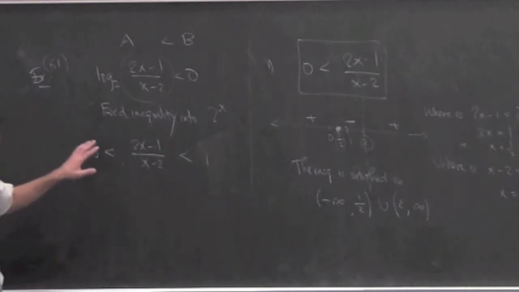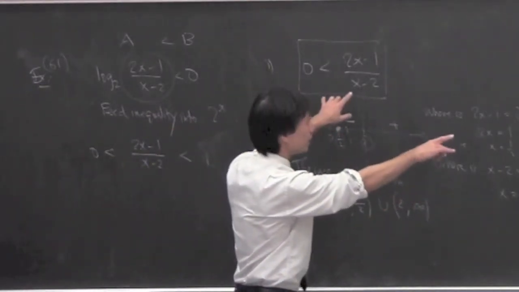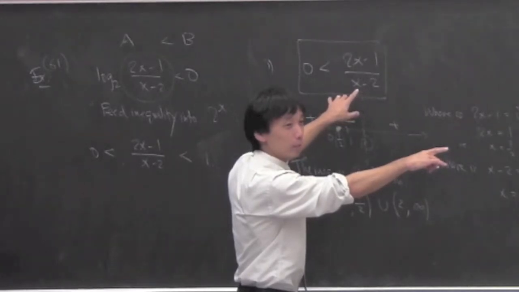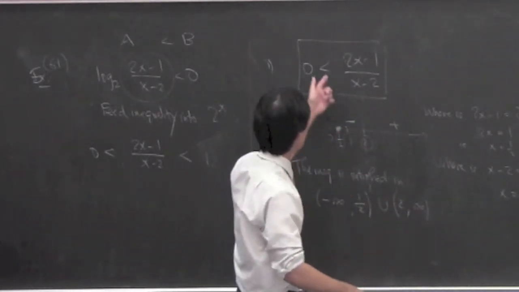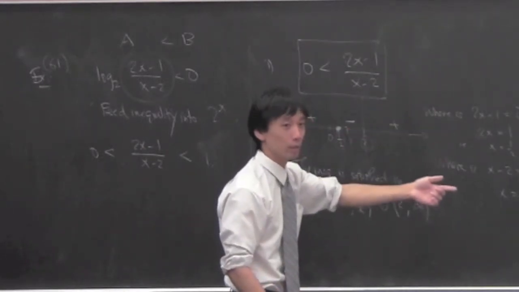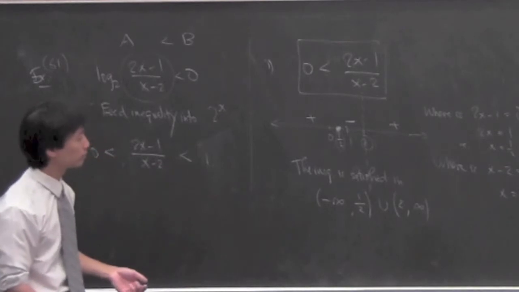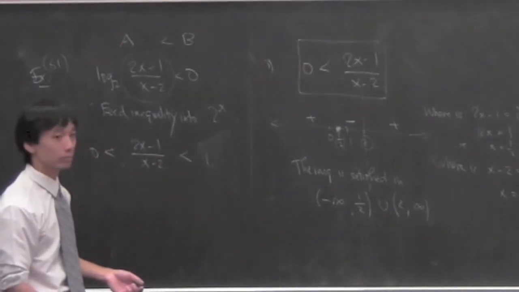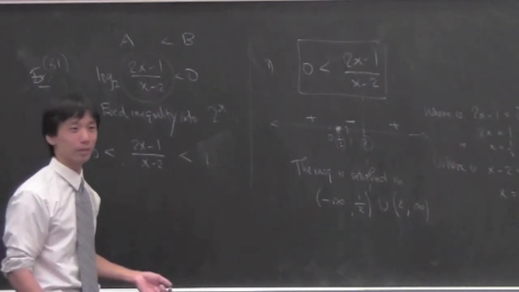Okay, so the last thing is, we want both of these things to happen. Where are both of them true? This one is true here, that one is true there. Negative 1 to a half, that's right.